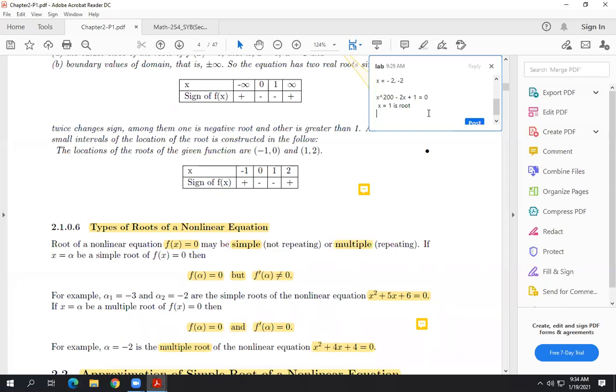Well, throw away the calculator here. What is the derivative of the function? 200x power 199 minus 2. Right. What is f dash at 1?